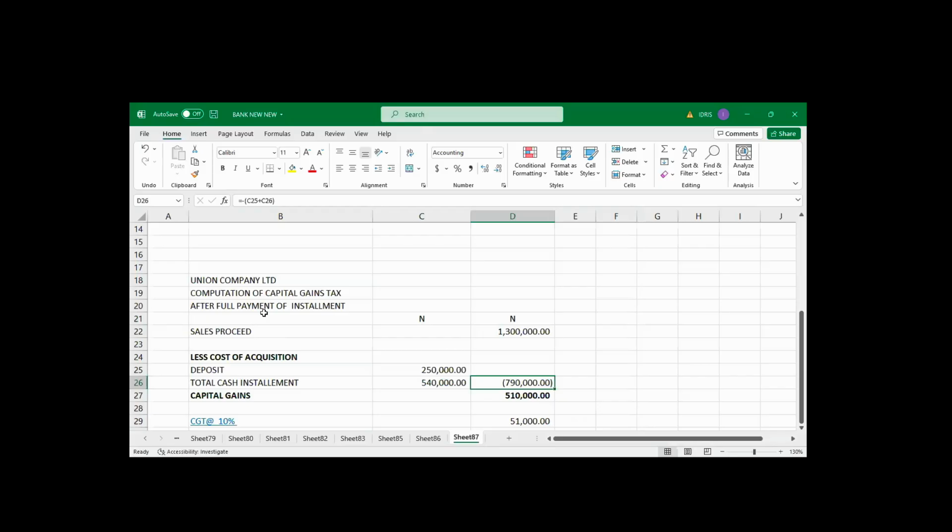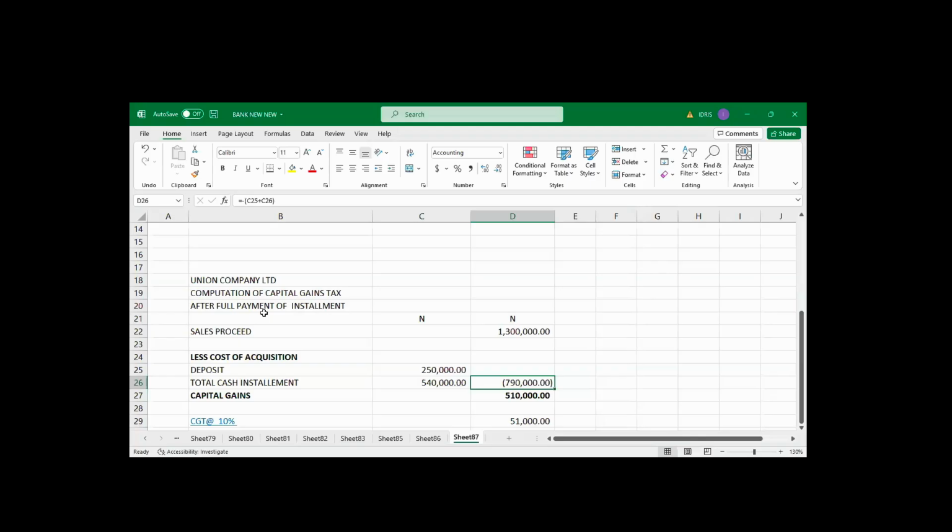What we are saying here is that you initially bought an asset on hire purchase. That asset, you later dispose of, and you make a capital gain. That is the first example I explained, which I solved now. You are initially the buyer. After using the asset for some time, you dispose of it.